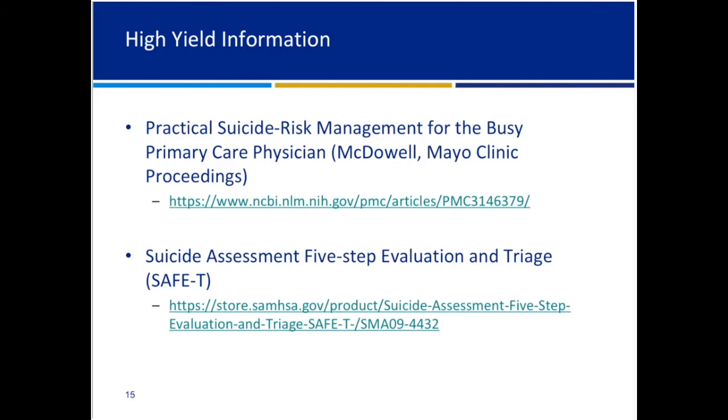There's some handy brochures and pocket cards that can be used by the clinicians at this website. So it comes as kind of a package, and I found it to be really useful in primary care because it's very focused.